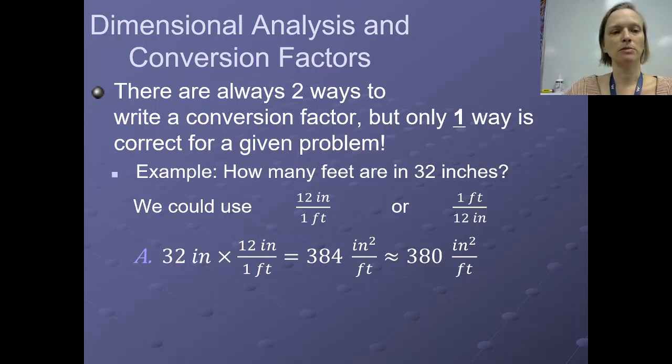I multiply my numbers together. 32 times 12 divided by 1 is 384. But let's look at what happens to our units. Inches times inches divided by feet. So inches times inches is inches squared, and I still have to divide by feet. Okay, those are kind of weird units. I don't really know what that even means, inches squared divided by feet.